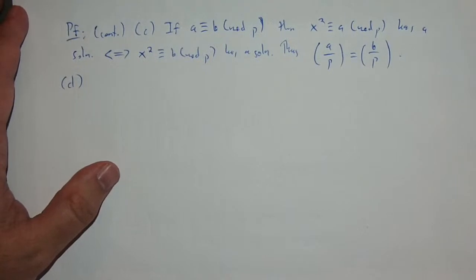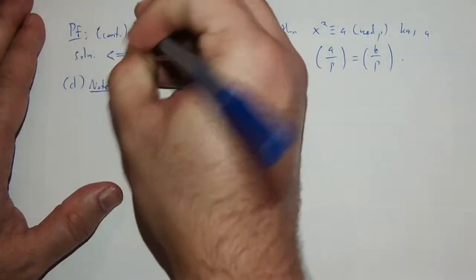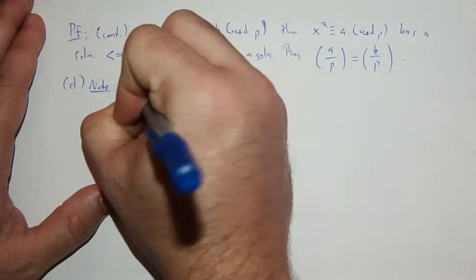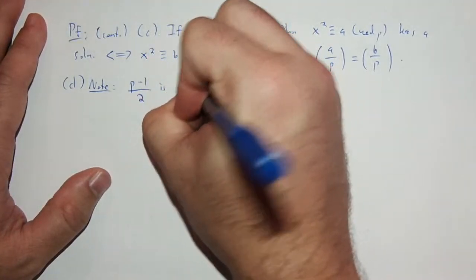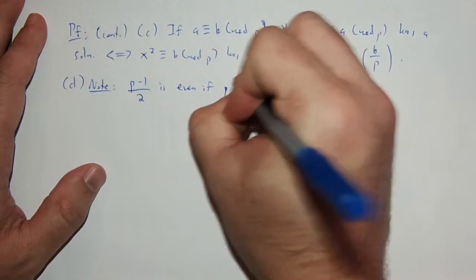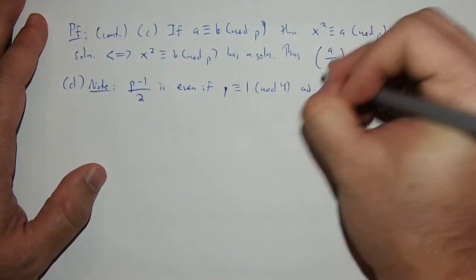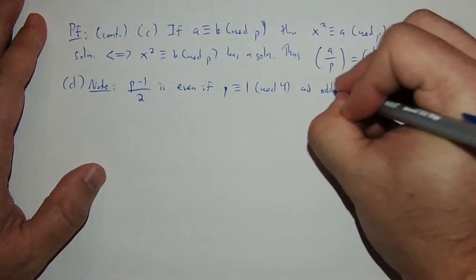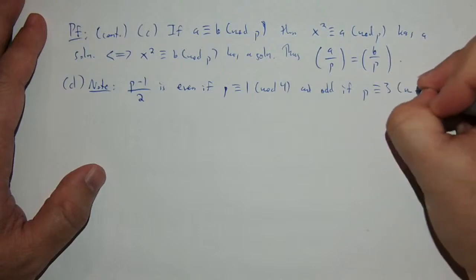All right, so the proof of D. Note, P minus 1 over 2 is even if P is congruent to 1 mod 4 and odd if P is congruent to 3 mod 4.